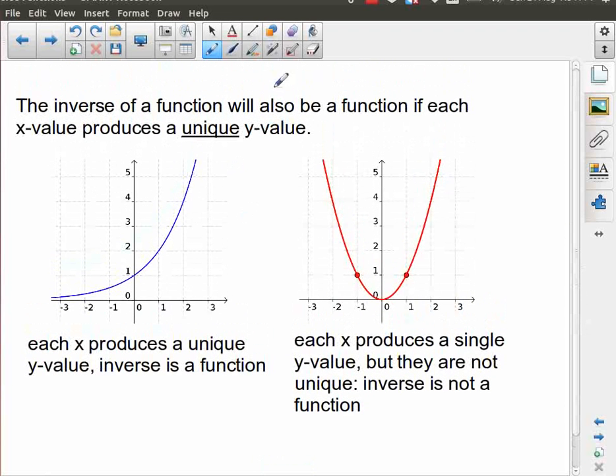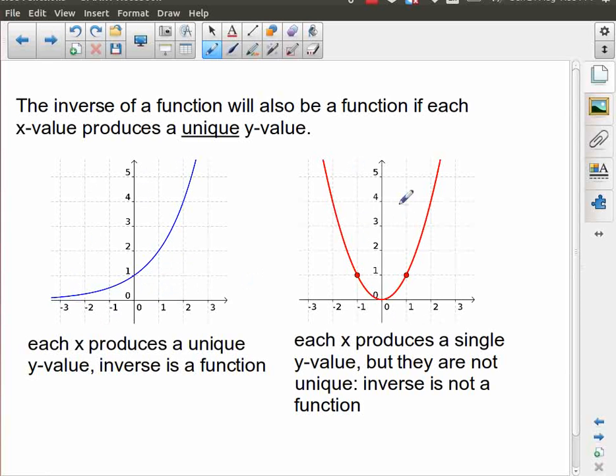Now, the inverse of a function, another way to tell whether or not you're going to get this is, let's say you've got a graph. Usually you can predict this. You've probably done this one enough times. Probably a little bit harder for you to anticipate this one. I don't want you relying on this rule, but it's something to add to your toolkit, which is a good way of predicting whether or not the inverse is going to be a function is if every x value produces not only only one y value, which is the requirement for the vertical line test.